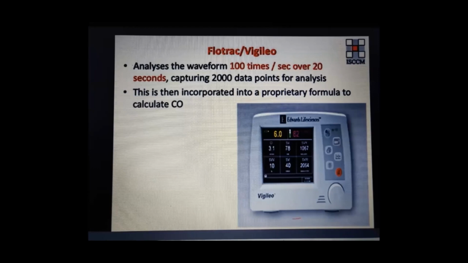This is then incorporated into a proprietary formula to calculate the cardiac output. And then we get the cardiac output and all the derived variables. Like we can get the cardiac output, the stroke volume, the stroke volume variation, the stroke volume index, all these variables we can get.